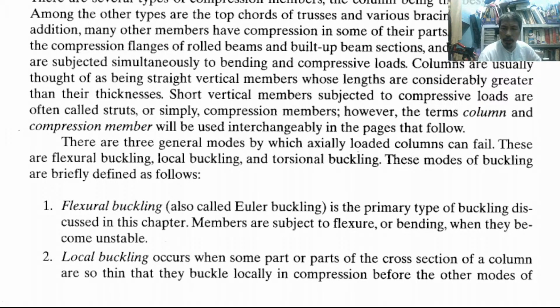If you can imagine a column, is it possible that a column could experience flexural buckling? Flexural meaning bending. Yes, a column still experiences flexural bending or flexural stress.